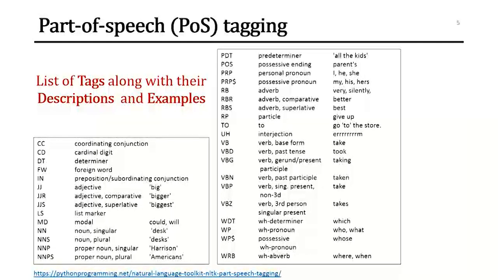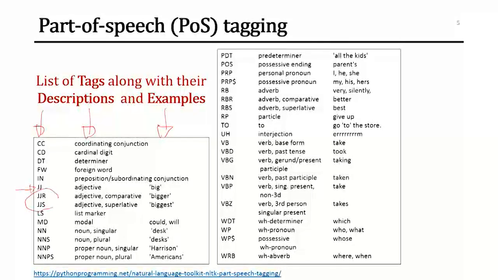Next, we will take a look at the possible tags available from NLTK. As you can see from this table, we have the tag, the description of the tag, and we give an example in the third column here. For example, if you see JJ, it represents an adjective. Adjectives are also separated into comparative and superlative forms.